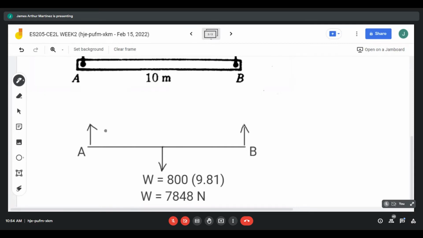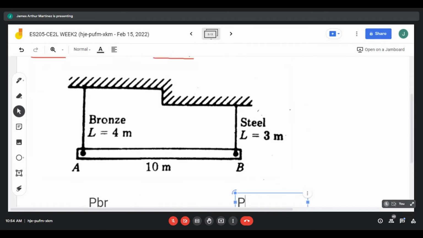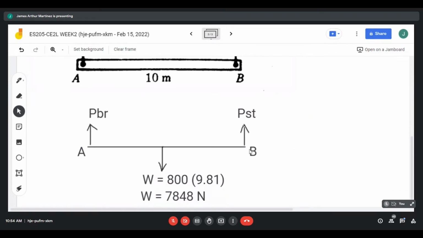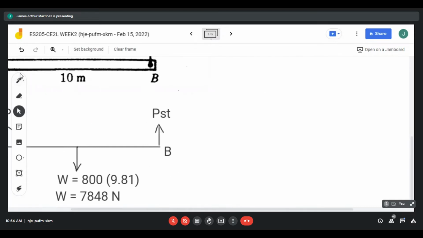Okay. Now, unsaan man to ni pag-determine si internal reaction at ano siya diri, bronze, PBR, and the reaction at steel or at point B. So again, mura lang siya og simply supported na beam. So when we say simply supported na beam and naa siya'y concentrated load P at the center of the beam.